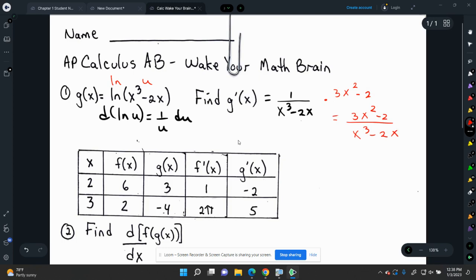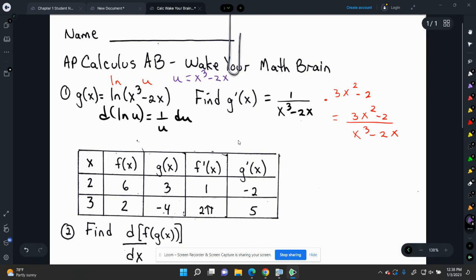Yes, ma'am. Would it be to the negative 1? Because if you do the outside, then you have to subtract 1 from the outside as well. So like the exponent. No, that's where, remember how we said before, sometimes you really need to use the u substitution? This is one of those cases. We're taking the derivative of the natural log of u, and u is x cubed minus 2x.